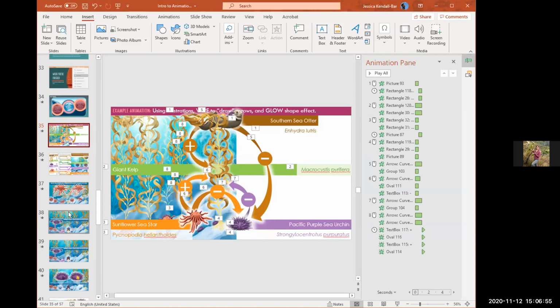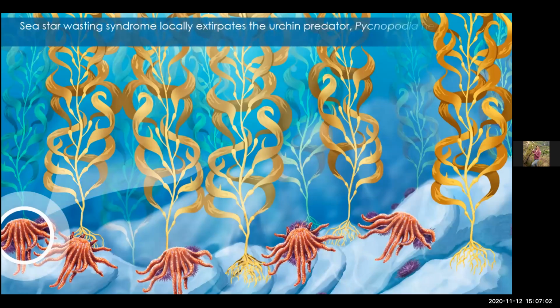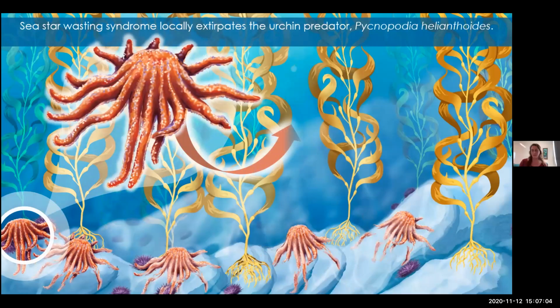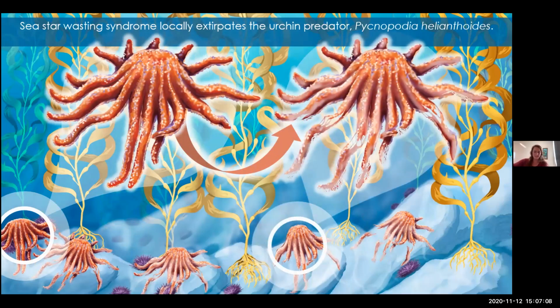So basically there's this background, right? The background itself is made up of the rocks that are in a separate layer, and all of the urchins are in one layer. Then there are urchins in the background that are in a separate layer.